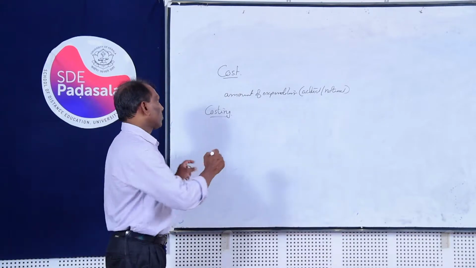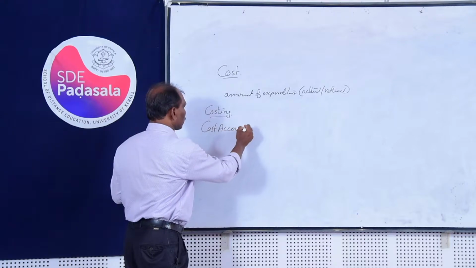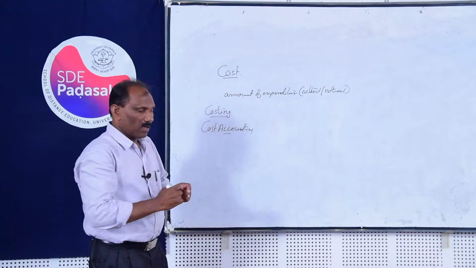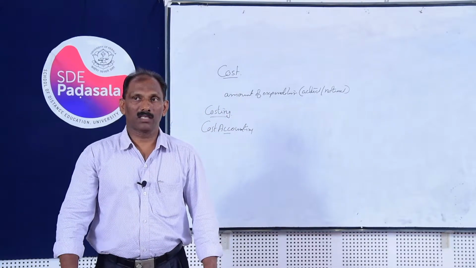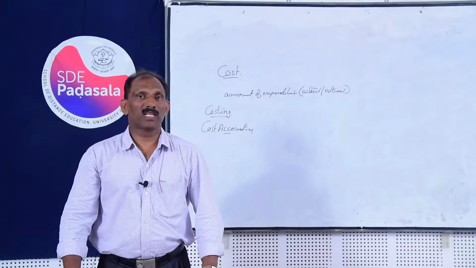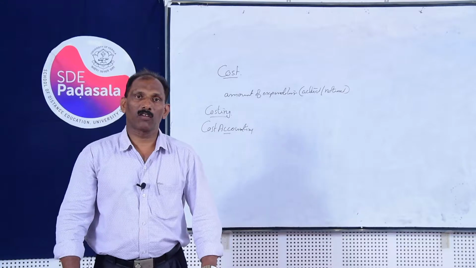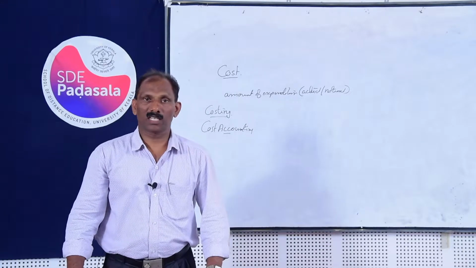Next is cost accounting. Cost accounting is a recording of costing information. That means it may be defined as accounting for costs, which begins with the recording of expenditure and ends with the preparation of statistical data.